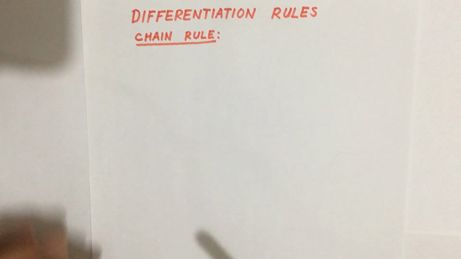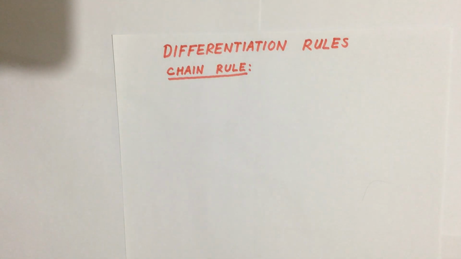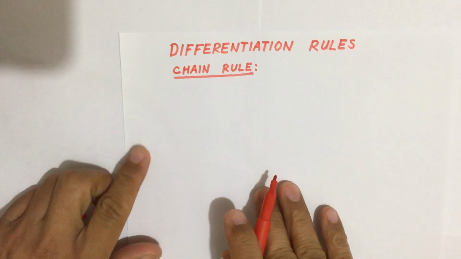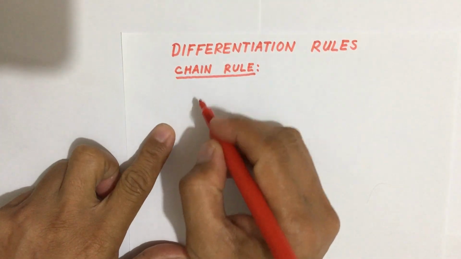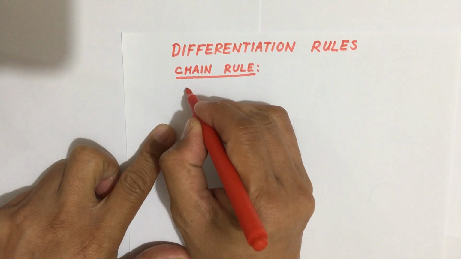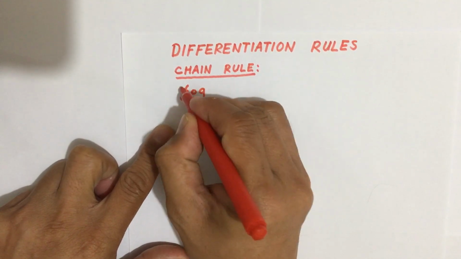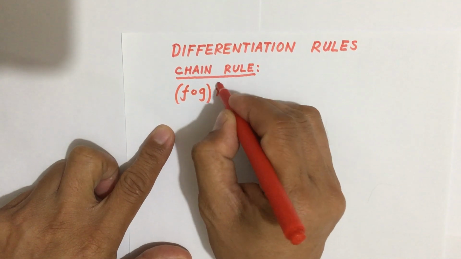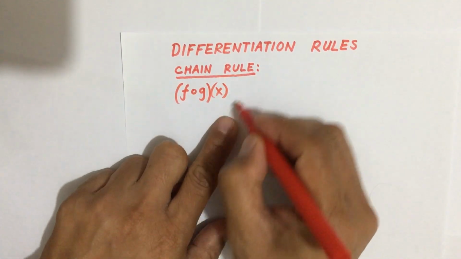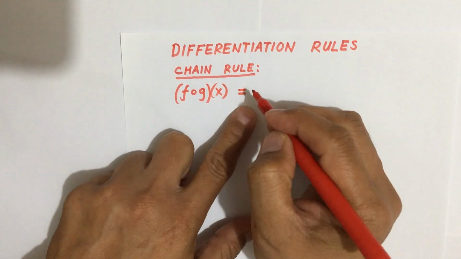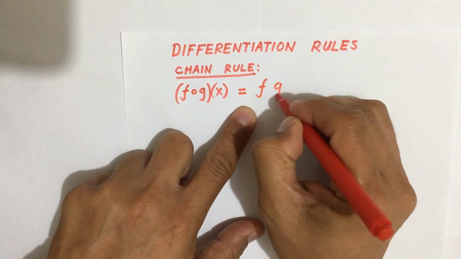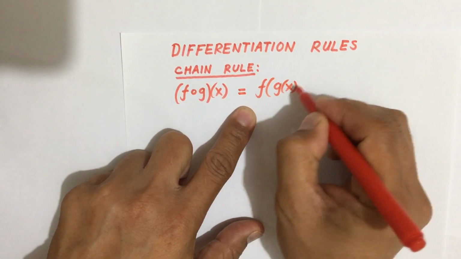Before that, let's summarize what we have seen a while ago. We have this symbol, the composite function of x, written as f of g of x.